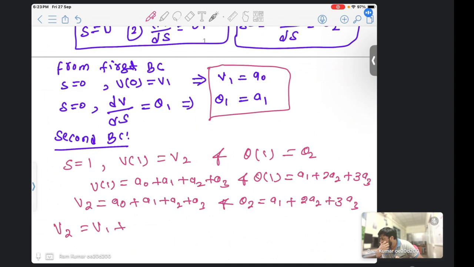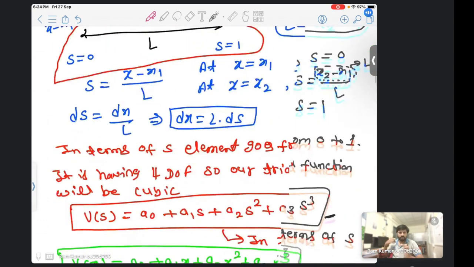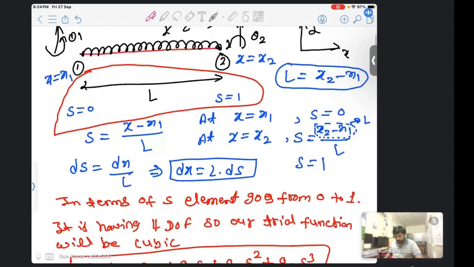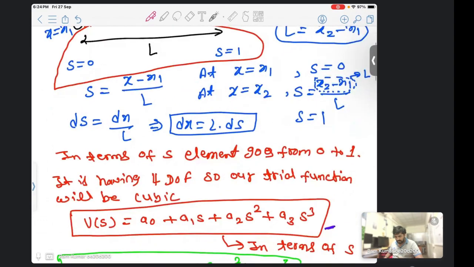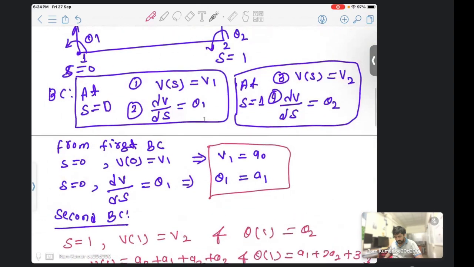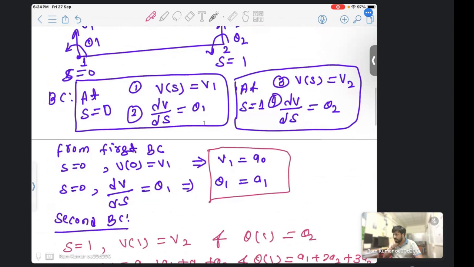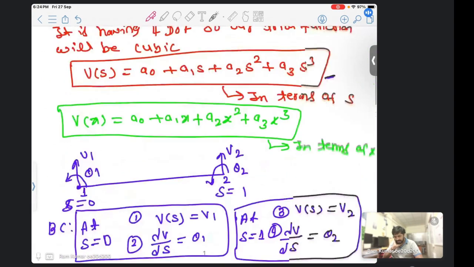I think we missed something somewhere. Theta 1 is not only the boundary condition. No, no, there's something I missed there.